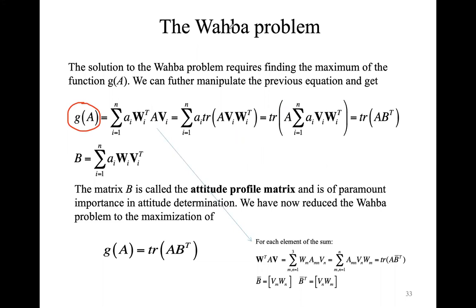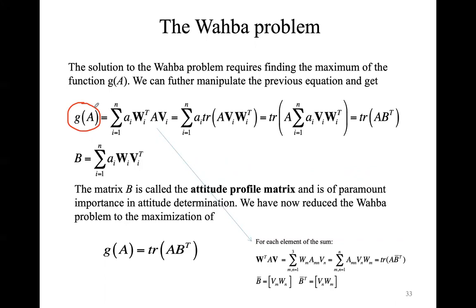quest algorithm, which is a way to solve these Wahba problems. So what we are going to do, simply, is maximize this function and determine the quaternion that maximizes this function. So basically it gives you the minimum errors between the observed attitude measurements and the known position of the objects in the inertial reference frame.